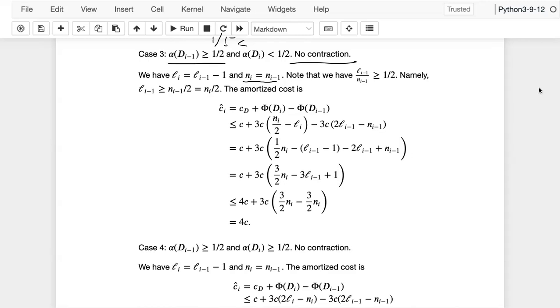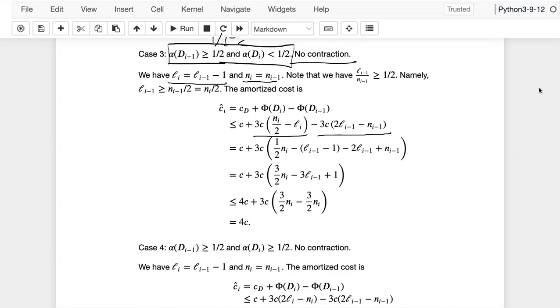We have n_i equal to n_{i-1}. We have a deletion, so that's L_i is equal to L_{i-1} minus 1. So because of this, we know which form of the potential to use. The load factor before is at least half, and this load factor is strictly less than half. So we use the different potential form.